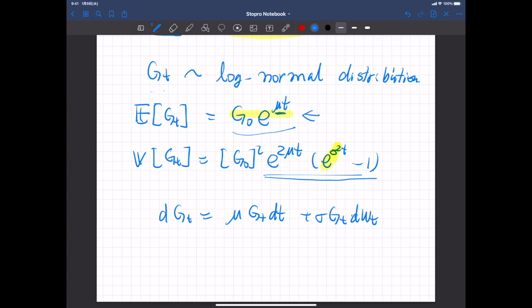Now, if we ignore the Wiener process part, then we have this equation. So this is actually just an ordinary differential equation, like dgt over dt equals mu gt.